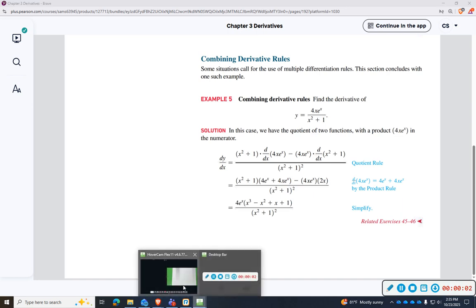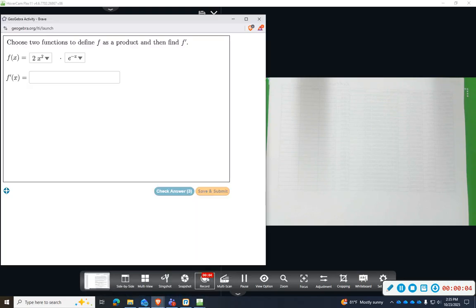Alright, our first question is a GeoGebra example, and this one wants us to pick any functions that we want, and we're going to find the derivative using the product rule.